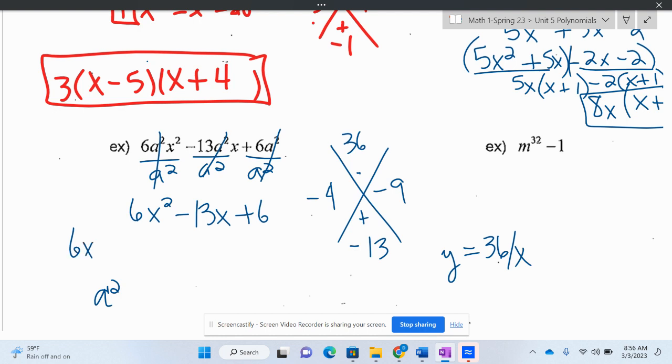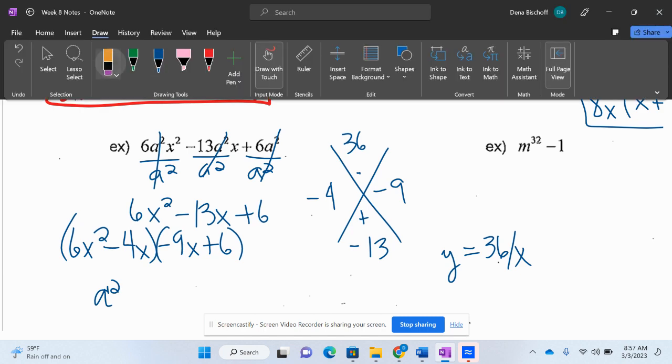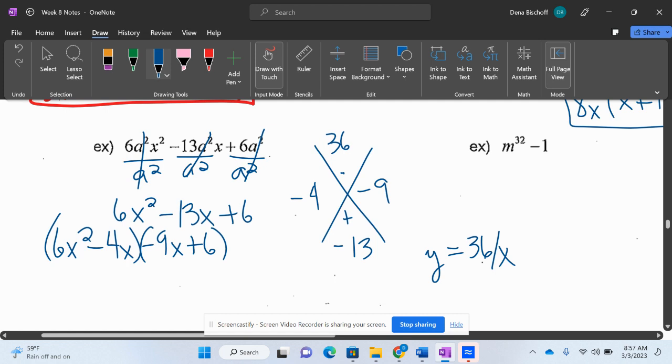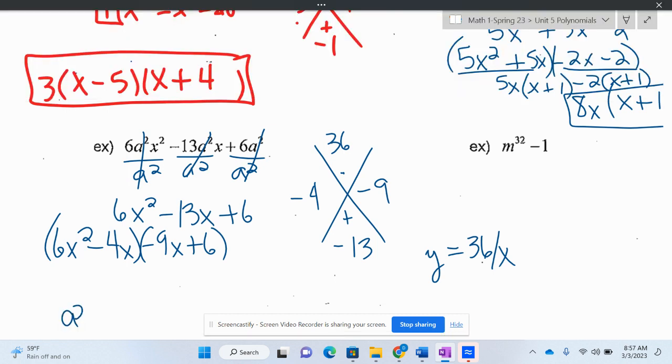So let's see, I have 6x squared minus 4x minus 9x plus 6. What can I take out of that first grouping? I can take out a 2x. So 2x. 6x squared divided by 2x leaves me with what? 3x.